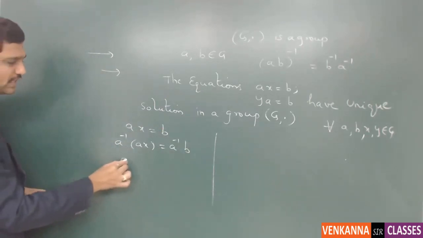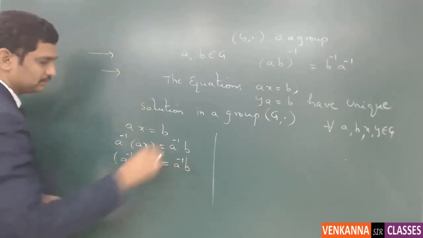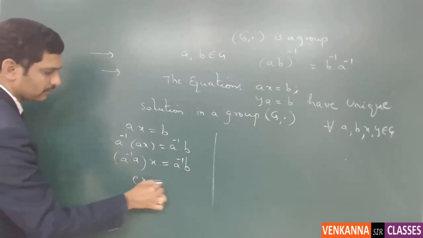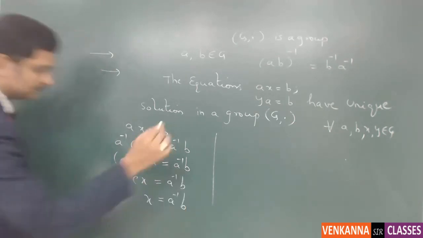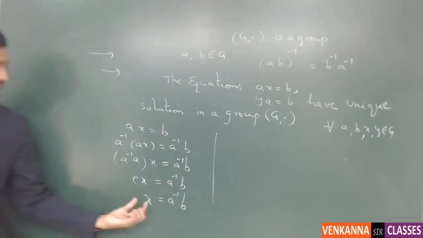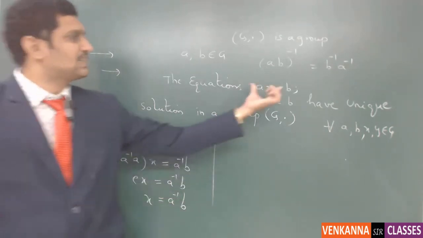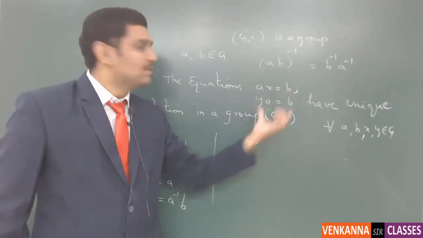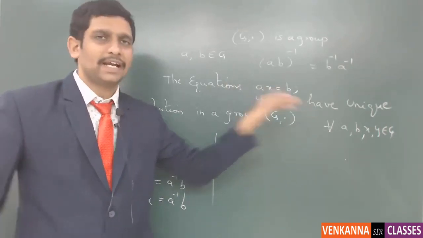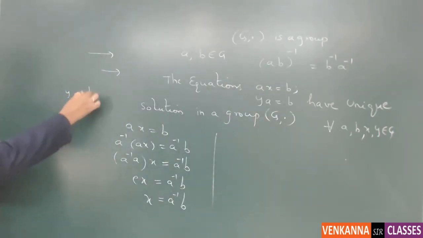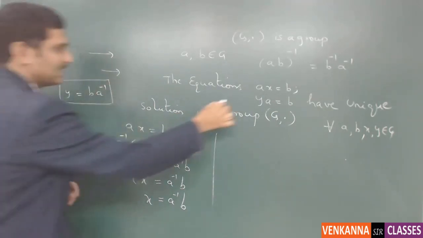Applying the associative law, the value of x is nothing but A inverse B, which satisfies the first equation. Similarly, if you multiply both sides with A inverse on the right hand side, you will get y equal to B A inverse. This is the solution for the second.